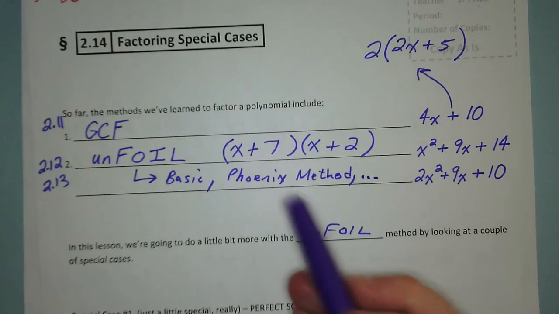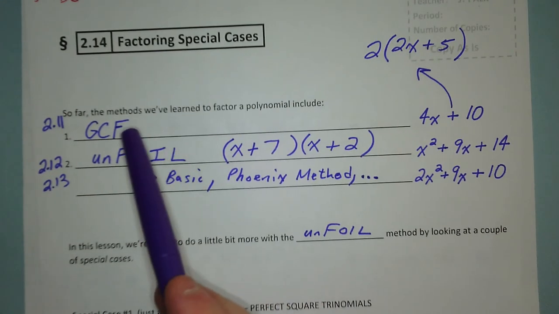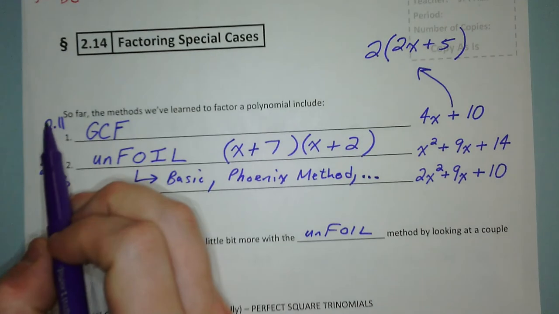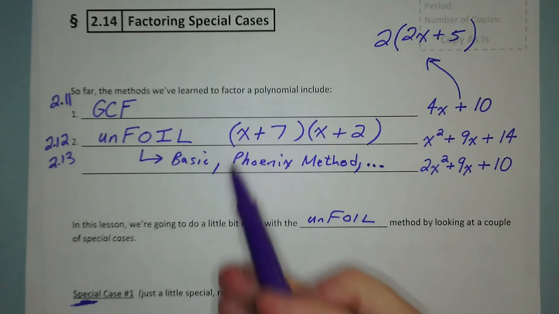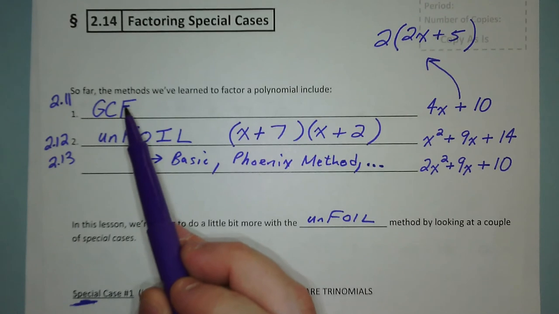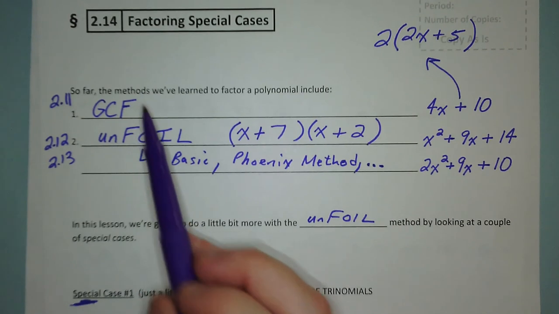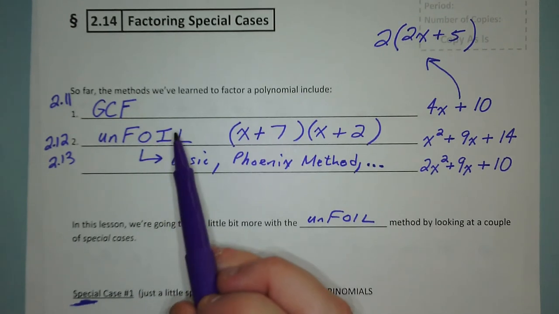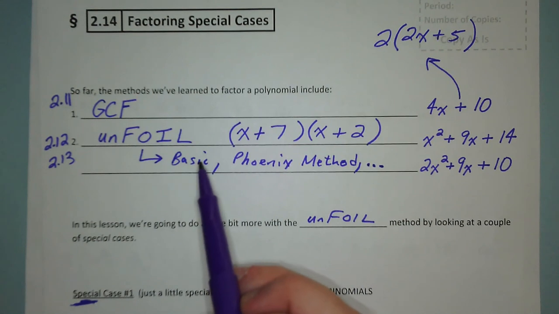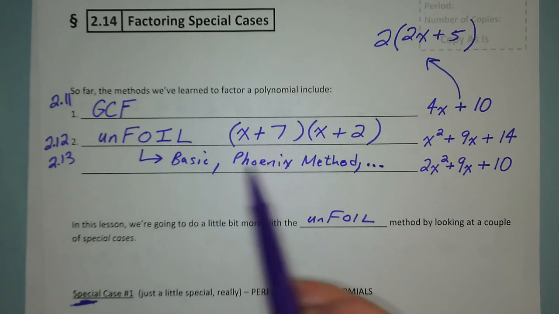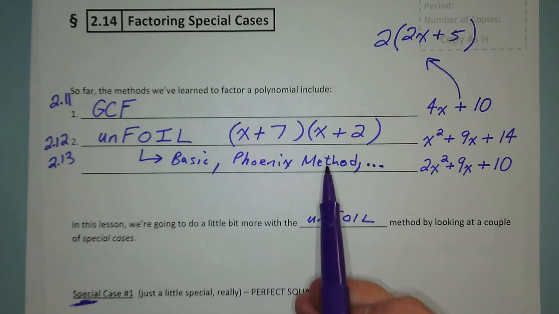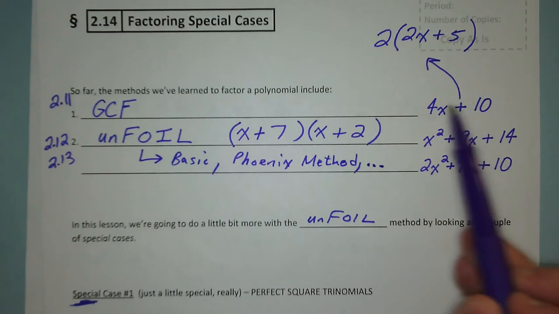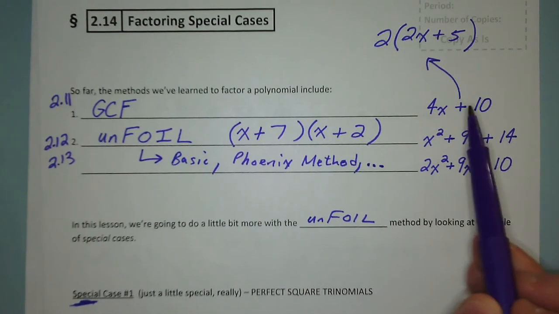Yeah, the top part was me just doing a quick review. You don't have to write it. We had GCF as the method we've learned so far, and then we had already learned that there was basic unfoil, and there was the Phoenix method, like level unfoil. So this one would be something you would do a GCF on.